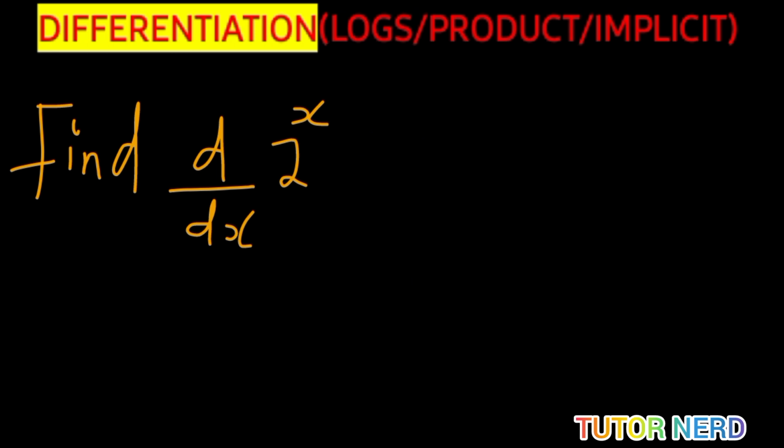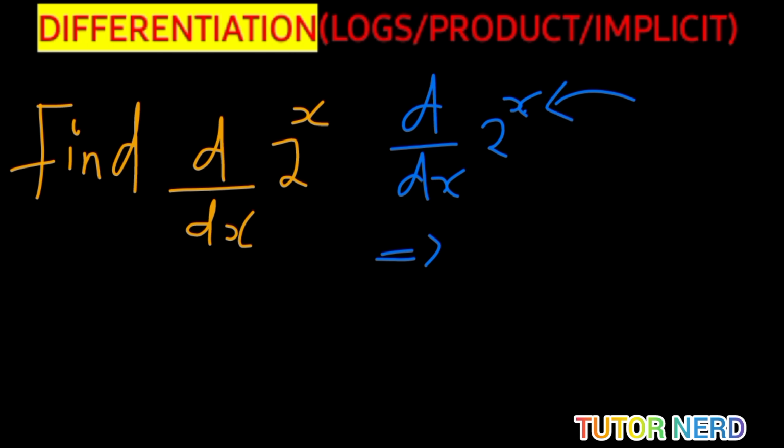Okay, so to solve this question, I posted it in the WhatsApp group, and there are people who were solving it using the power rule, where they were saying that d over dx of 2 to the power x is simply equal to, they took that value of x, multiplied it by the 2, and then they had x multiplied by 2 to the power x, then they subtracted the 1 like this.